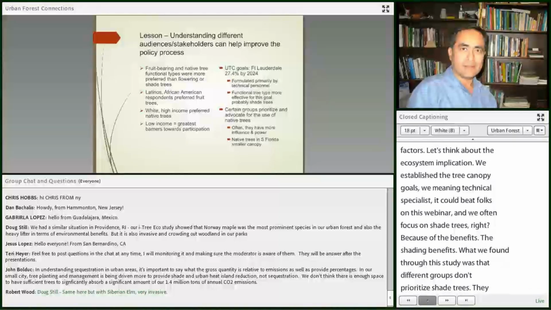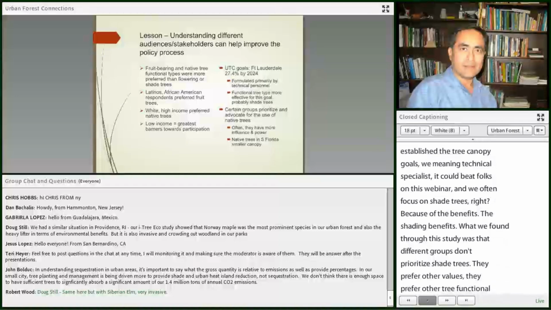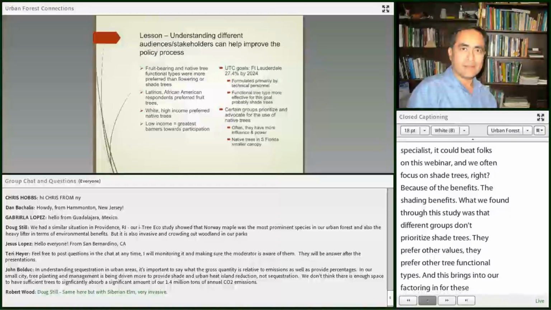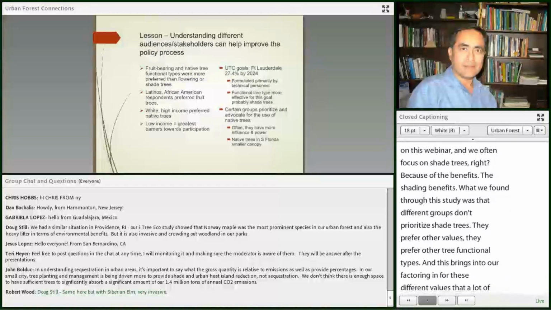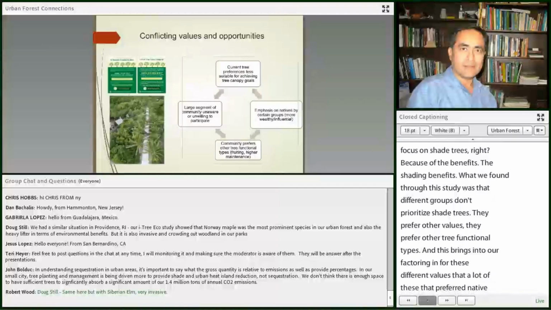And this brings into our factoring in for these different values that a lot of these groups that prefer native trees are often wealthier and have more influence. And Rachel will have some examples of that from here in Los Angeles.